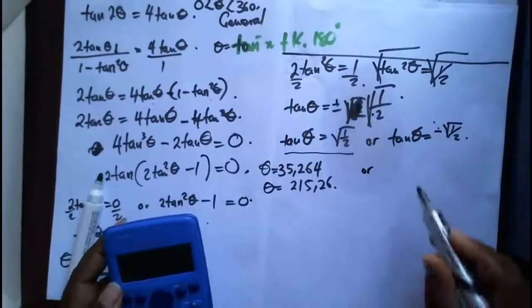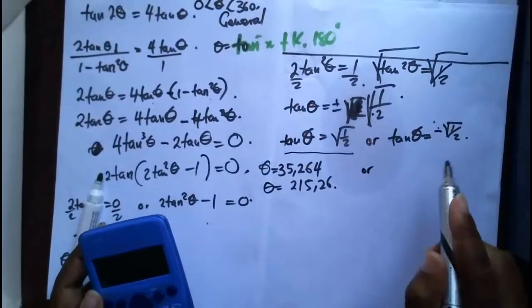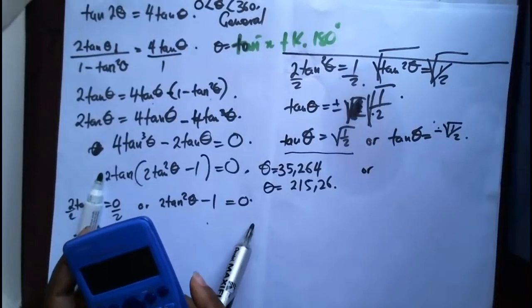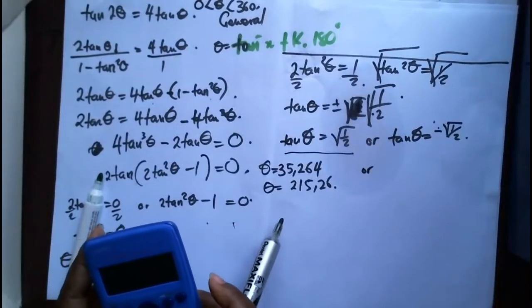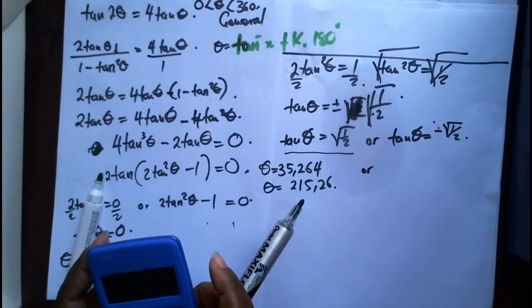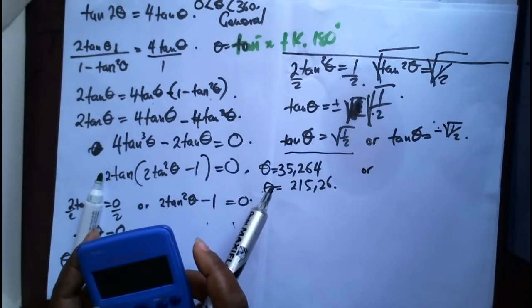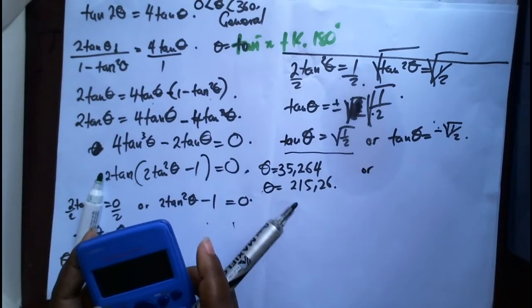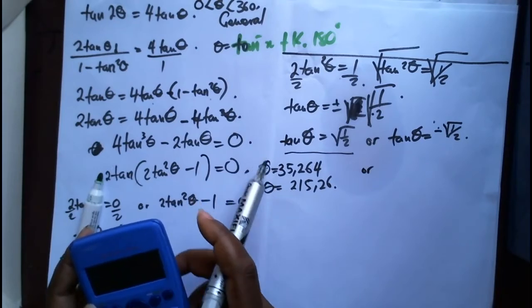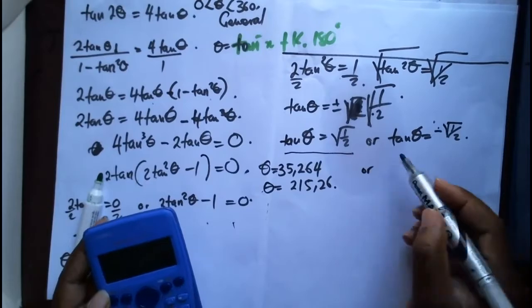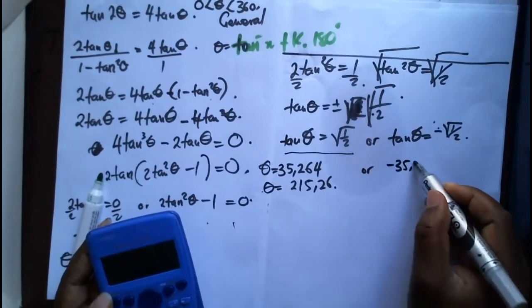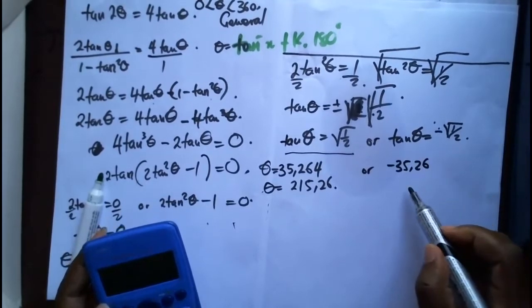Or here, shift tan negative. Do not forget the negative. So shift tan, then you put a negative square root of 1 over 2. We get negative 35.26.